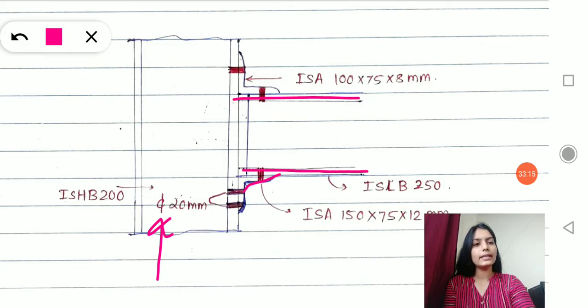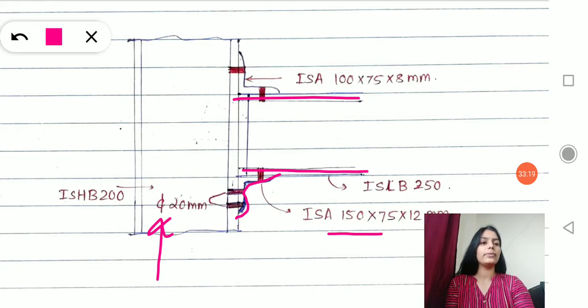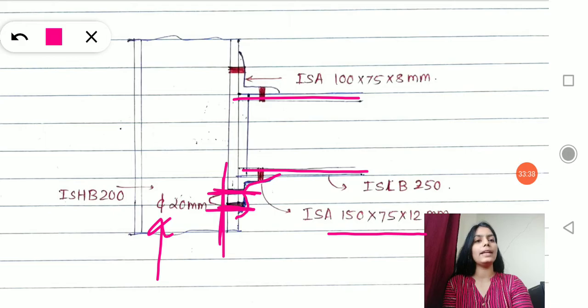Now this angle, which is the seat angle which we have designed, is ISA 150 by 75 by 12 mm. The number of bolts required is 4. I am providing them in 2 rows, 2 bolts in 1 row, 4 bolts in 2 rows, connecting the flange of the column and the leg of your angle.